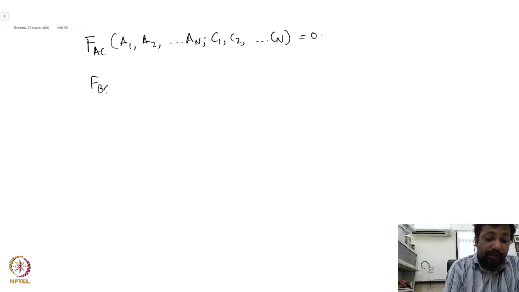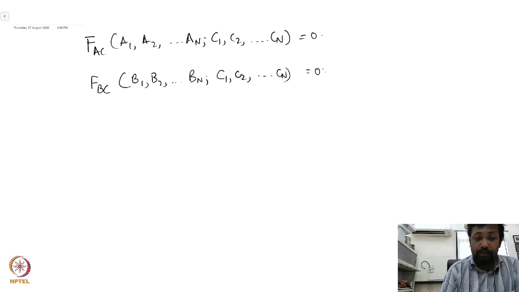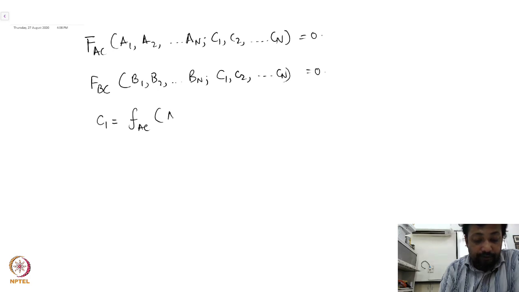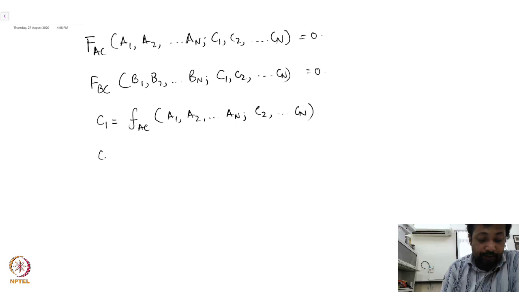Similarly, if B and C are in equilibrium, then I can have f(B1, B2, ..., Bn, C1, C2, ..., Cn) equal to 0. Now, from these above relations, it's obvious I can write C1 as some function of A1, A2 all the way up to An, and C2, C3, up to Cn.